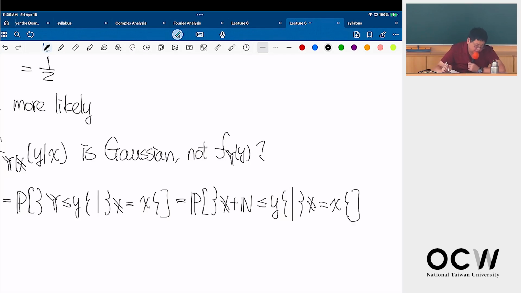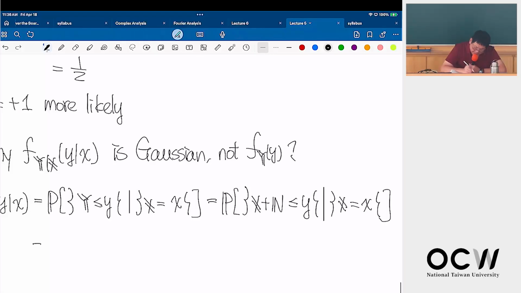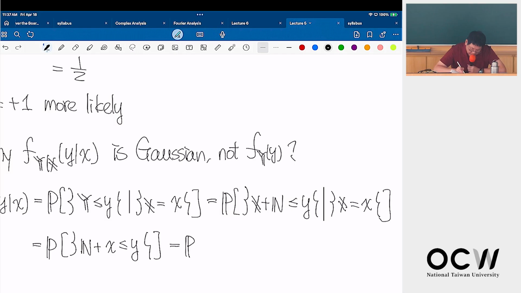Since x is not randomized, this is the probability of n less than or equal to y minus x.